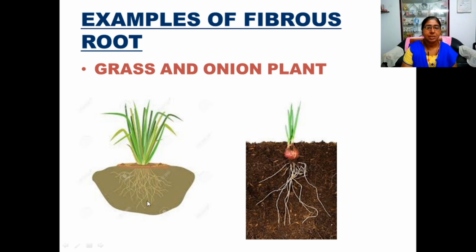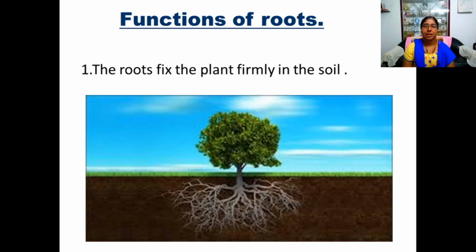This type of root system is called fibrous root system. In onion plant also, you can see number of roots growing at the base of the stem. Now, let us see what are the important functions of roots.